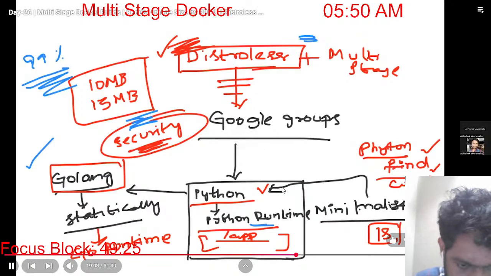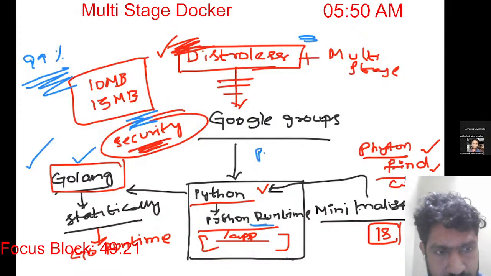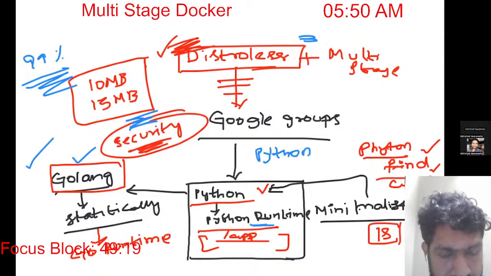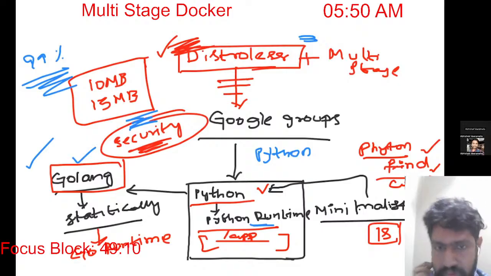If you are using applications like Go language, it is like that. If you're using applications like Python, at least they have the Python runtime, so there is very, very little chance of exposure to security threats. Now, I hope you understood the concept of distroless images and whatever I was talking about.